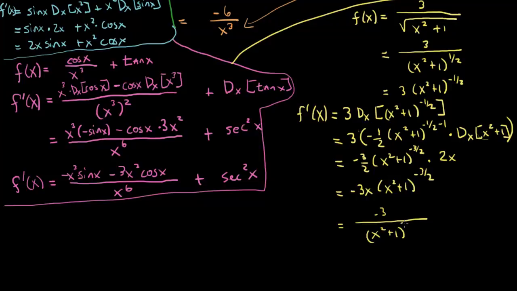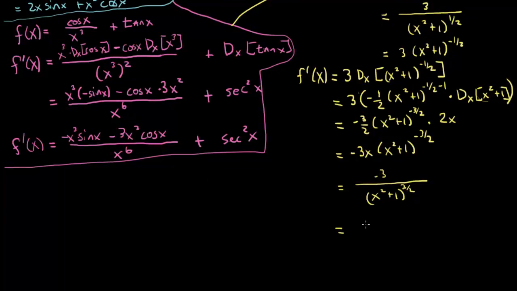Or if you want to write it in radical notation, you could say negative 3 divided by the square root of x squared plus 1 cubed. Either of these two last lines would be fine. But that's just in radical notation, and that's in just regular exponential notation.